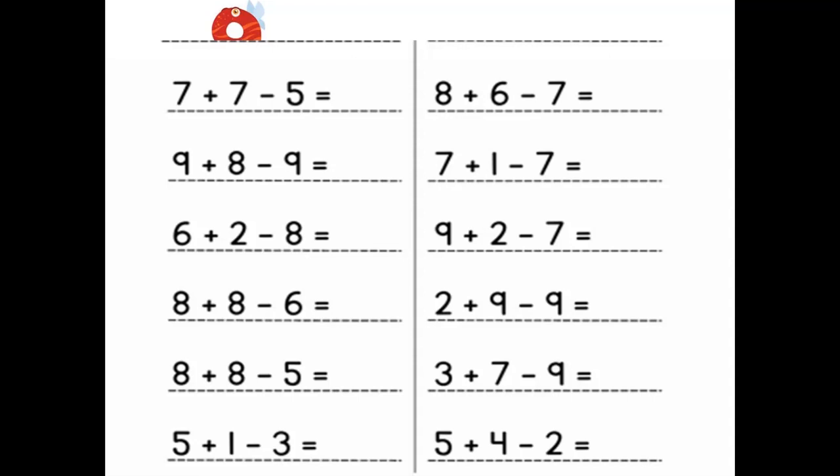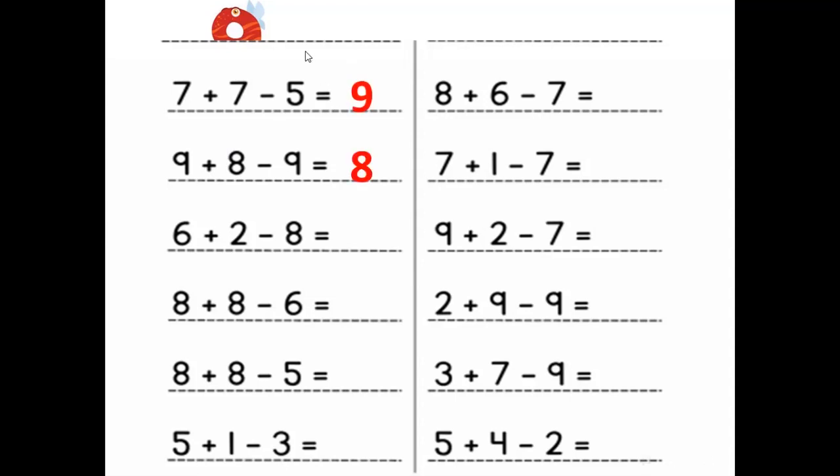Both are equal. Okay. I put any 7 in my mind, any 7 on my fingers. Let's count after 7: 8, 9, 10, 11, 12, 13, 14. So 7 plus 7 equals 14. Okay. And 14 minus 5 will be 9.